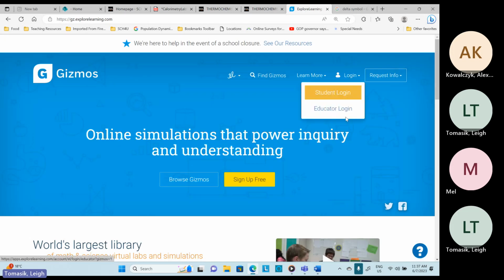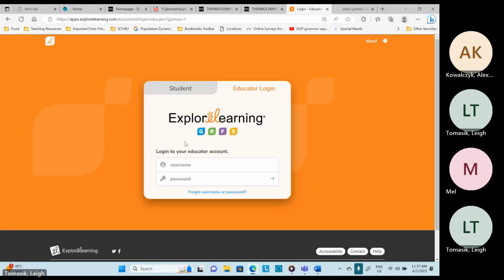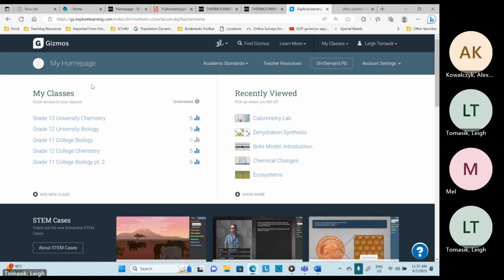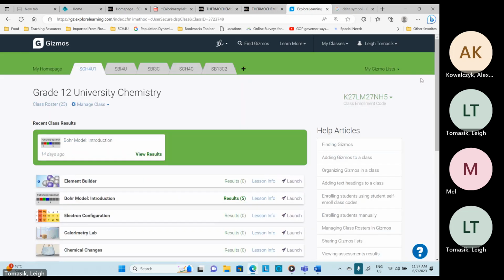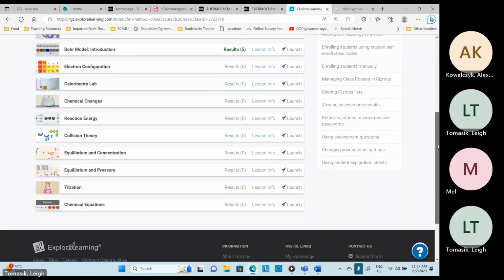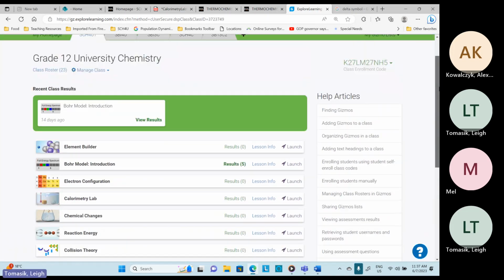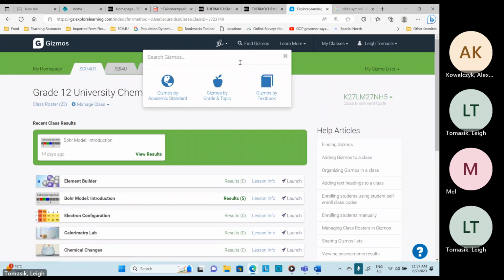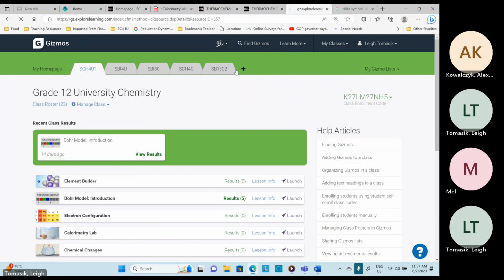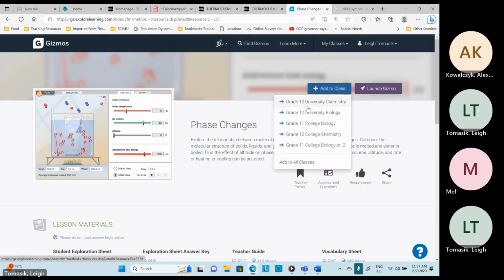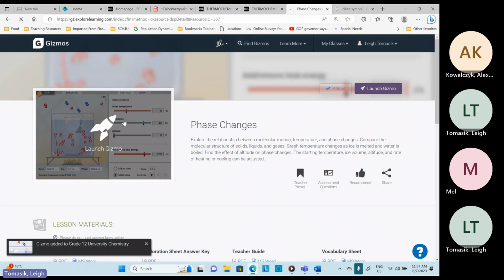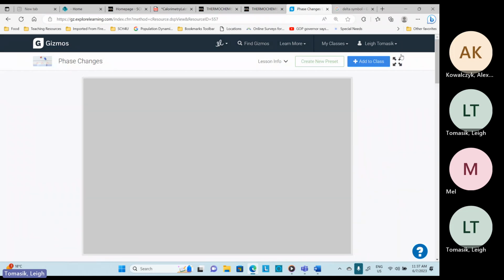Let's see if it's part of our list of gizmos that we have access to. No, but I can add it. So this will be available if you want to take a look at it.